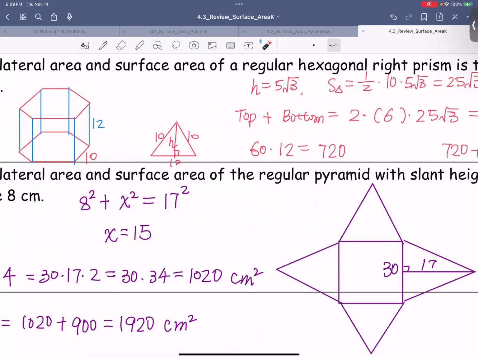Or you can just say this is 10, this is 10, and this is 5. This is 5, this is 10. 5 doubled is 10. 5 times square root 3 is this height. So you can easily calculate this equilateral triangle area. And you multiply by 6, which is the top. You double it, which is the top and the bottom. And the lateral surface area is 6 of these rectangle areas.